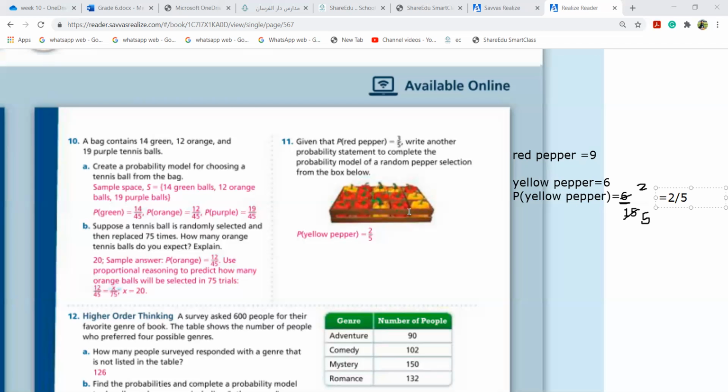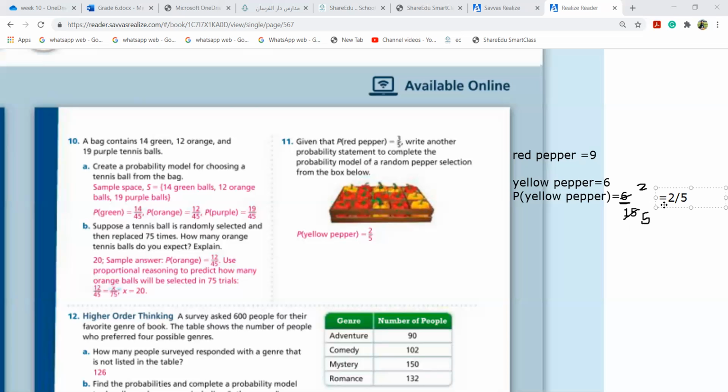Are there 5 peppers? No. Count. How many total peppers are there in the picture? 15. Yes, I wrote 6 over 15. Then I simplify. 6 and 15, they come in the timetable of 3. 3 times 2 and 3 times 5. So I get 2 over 5.